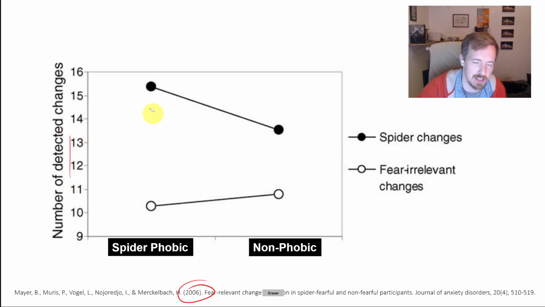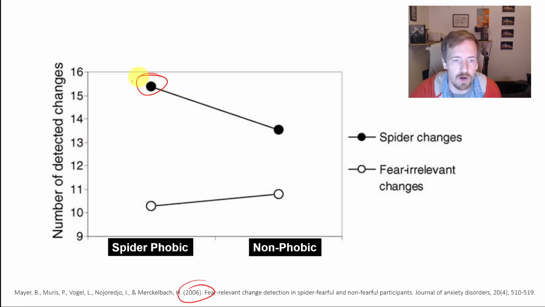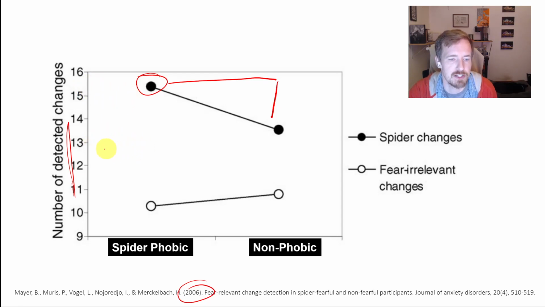Oh, sorry. Actually, as I was explaining that, I was like, wait a second, that doesn't make any sense. They actually detected it faster overall, and were able to spot more of them. What you're looking at right here is the total number of detected changes, and we can see a pretty sizable drop, right? So going from about 15.5 changes to about 13 changes.